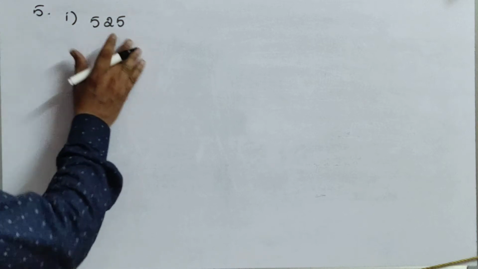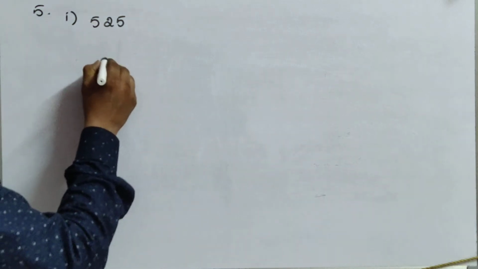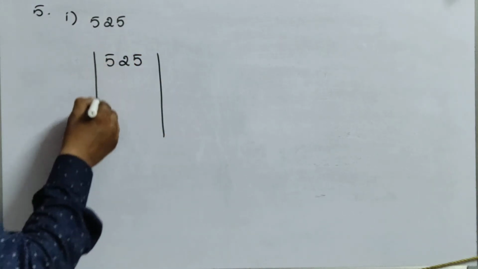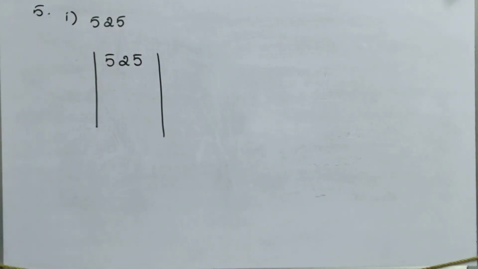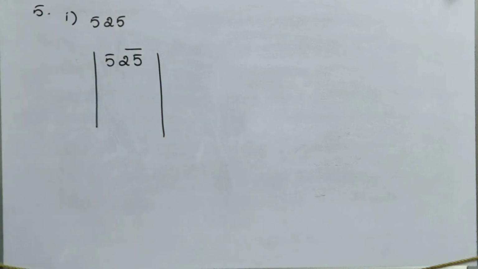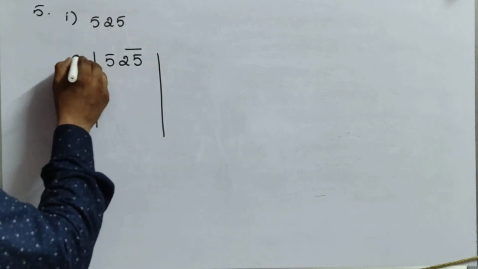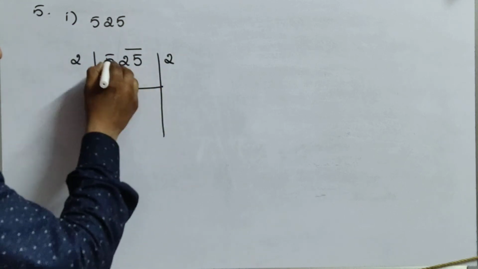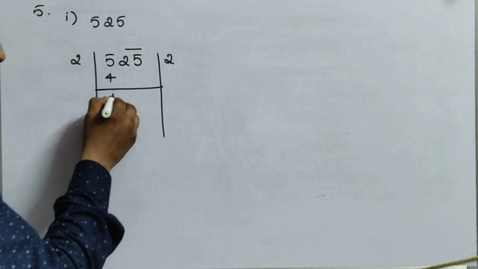Now same as before, you find 525. Okay, like this you have to find first. Keep a bar on that. Now 5, that means 2 2s are 4. 5 minus 4 is 1.